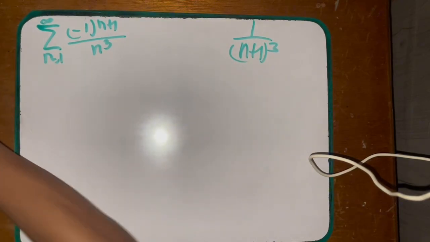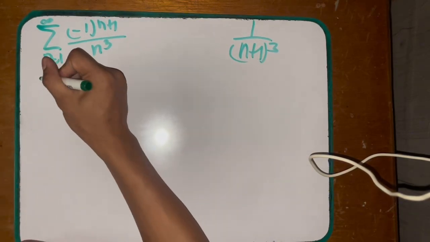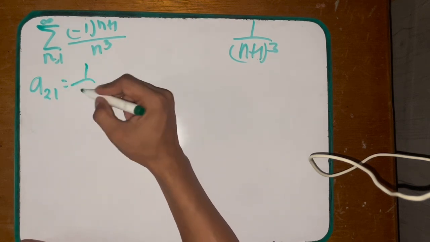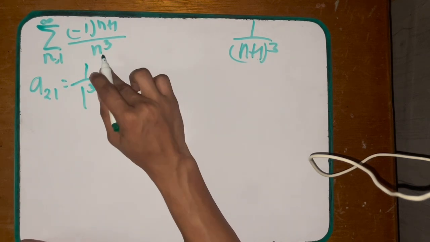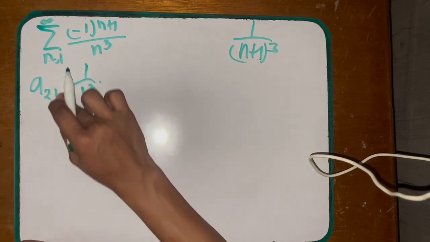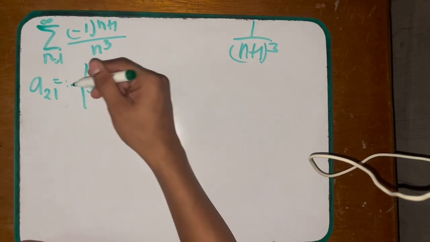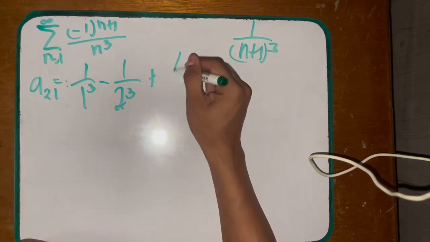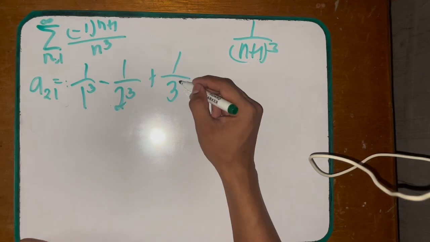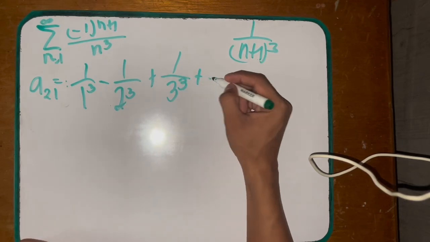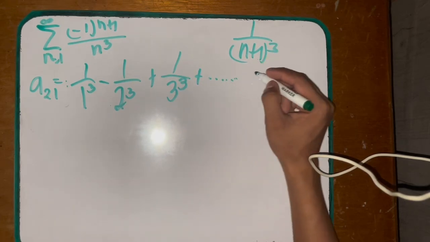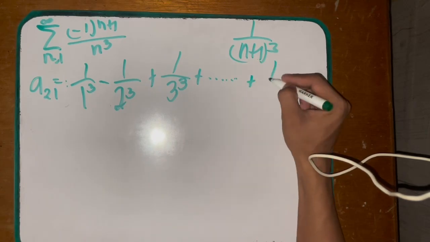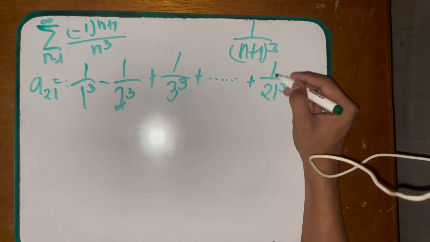So a sub 21 should be equal to 1 over 1 cubed, negative 1 over 2 cubed, plus 1 over 3 cubed, and so on and so forth, plus 1 over 21 cubed.